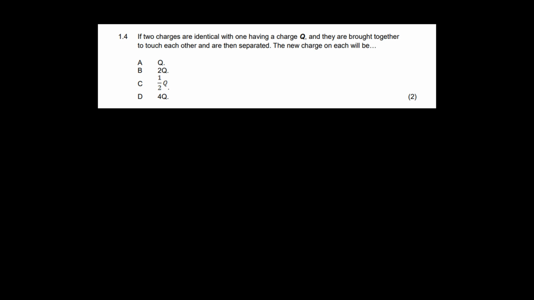In situations like this, when 2 identical charges touch, the charges divide the net or the total amount of charge in half. This means that the 2 charges will now have equal amounts of charges after separating.